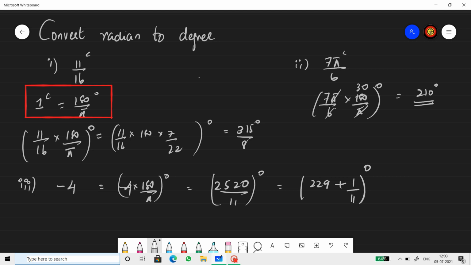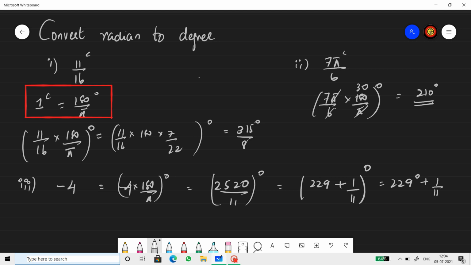So when you divide 2520 by 11, stop at the place where you get a remainder and would start with the decimal division. There, write the obtained answer in mixed form. So this becomes 229 degrees plus 1 by 11 degrees.